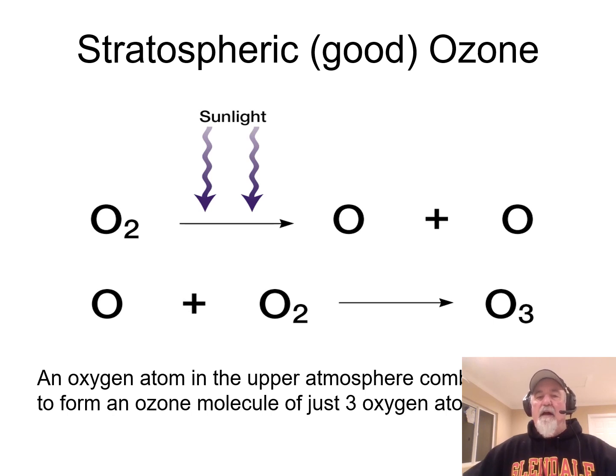But if one of these recombines with an O2, so O plus O2, it creates a molecule with 3 oxygen atoms, we call that ozone. That's the natural stuff up in the stratosphere, that's our natural sunscreen. So this forms and is stable up at higher elevations in that stratosphere. This won't get split by sunlight. What it will do, though, is absorb some of that ultraviolet radiation and warm up a bit.